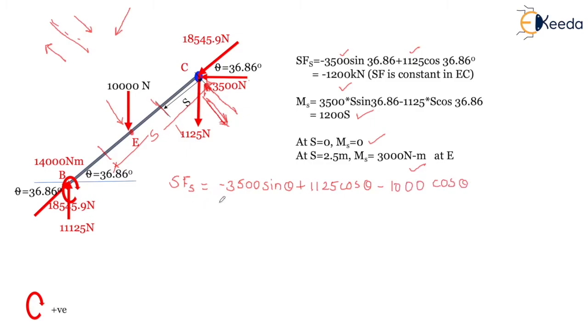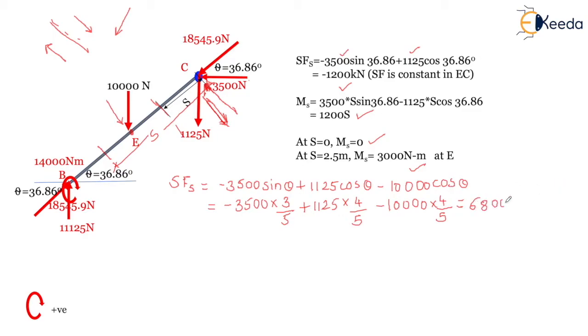Okay, so minus 3500 sine theta, we can simply write it as 3 by 5, plus 1125 cos theta, we can write 4 by 5, minus, this is 10,000 into 4 by 5. Okay, so with this we get answer as 6800 newton.